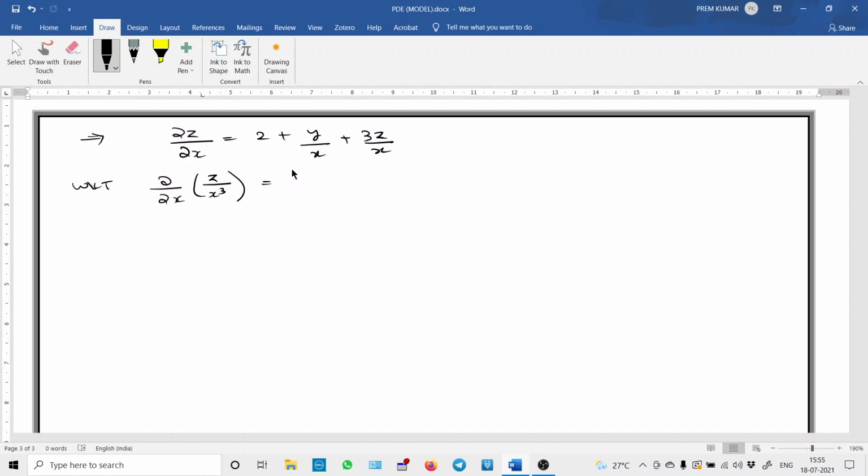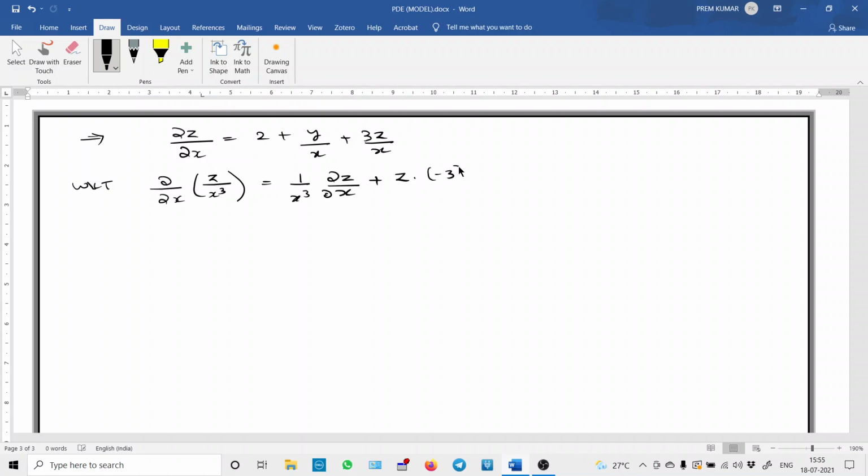But z is not a constant, it depends on x as well as y, so while differentiating with respect to x you have to be very careful. So we can use the UV method. First I keep 1/x³ as a constant and differentiate z with respect to x partially. Then I keep z and differentiate 1/x³ with respect to x.